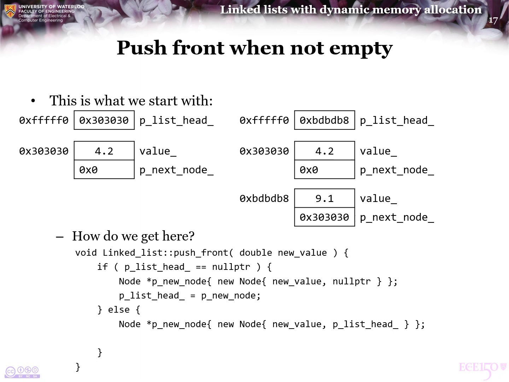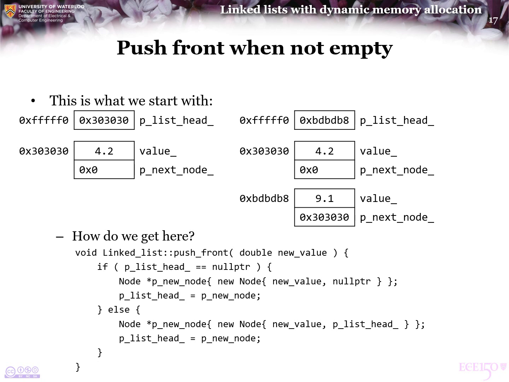That new node will store the new value, but its next node member variable will be initialized with the current value of pointer to list head. So now the new node is storing the address of what used to be the first node in the linked list. Then we will assign to pointer to list head the value of this new node.